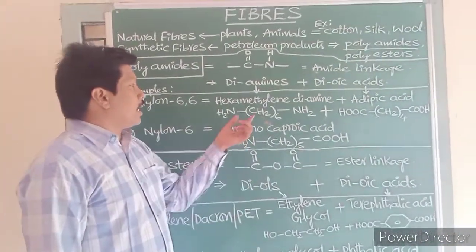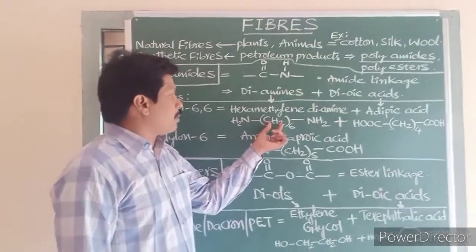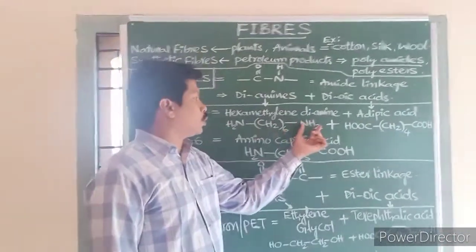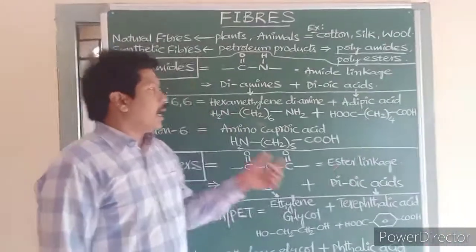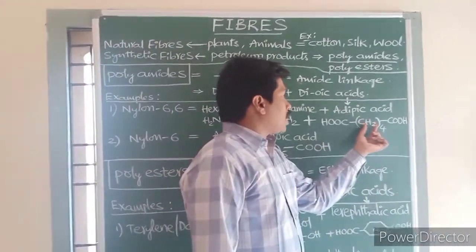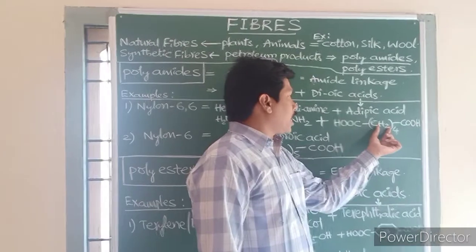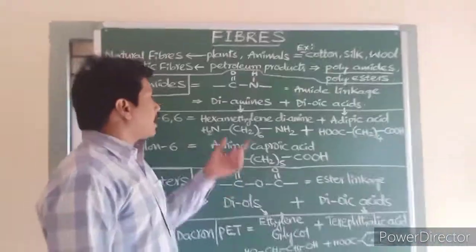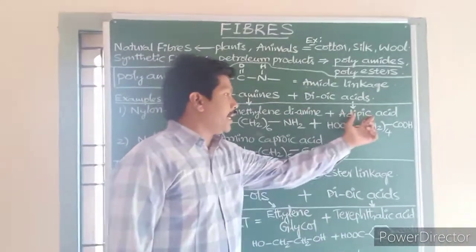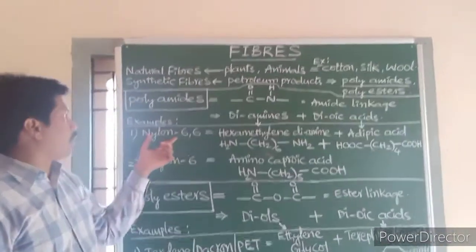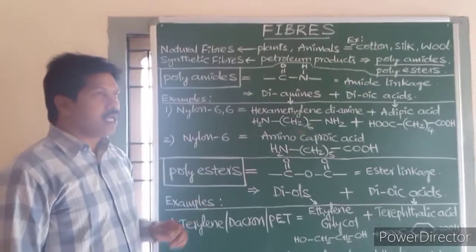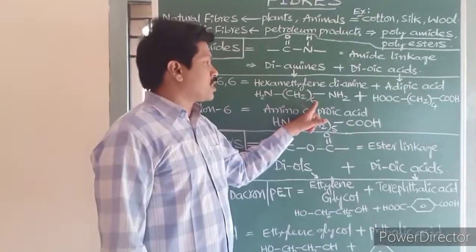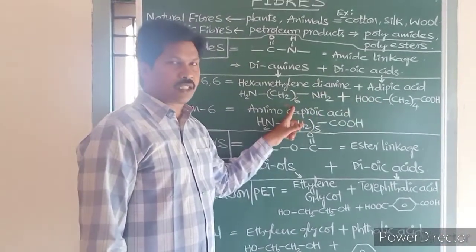Hexamethylene means 6 CH2 groups, containing 2 NH2 groups. And the 4 CH2 groups, that is tetramethylene, contain 2 COOH groups. Hexamethylene diamine and adipic acid are the monomers of nylon 66. This 6 number represents the number of carbon atoms present in both the monomers.